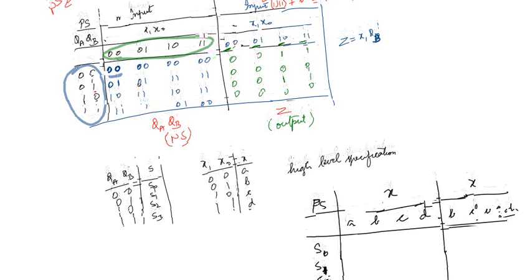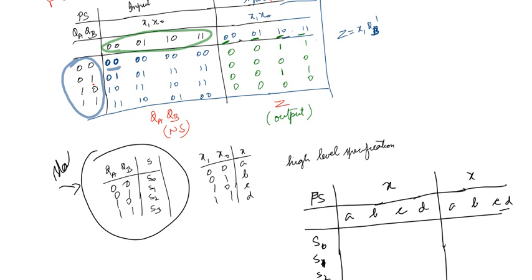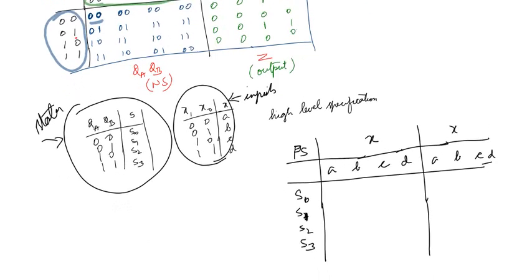This is for the states, this is for the inputs. Wherever you see 0 0 in the state, you can replace that with S0. 0 1 means S1, 1 0 means S2, 1 1 means S3. Like that you have to fill it, that's all.